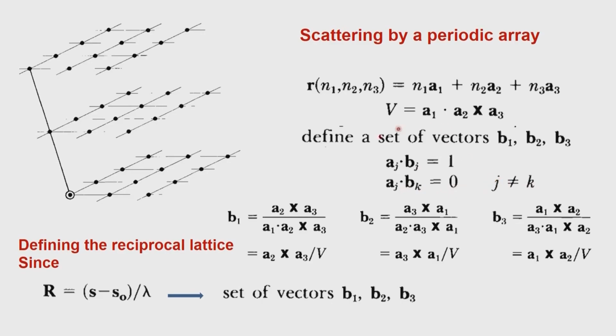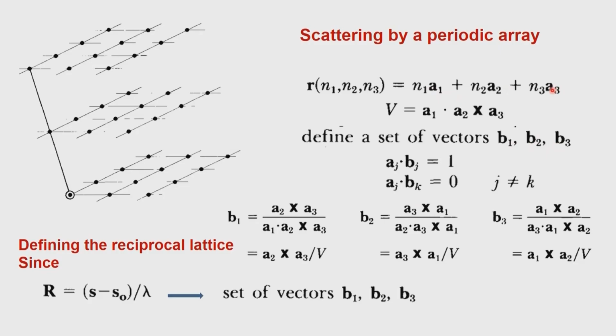So, that means when we have a1 dot b1, the value is equal to 1, a1 dot b2, the value goes to 0. Now, such a set of vectors, when we define using this expression, these vectors are said to be reciprocal of a1, a2, a3. Now, it becomes obvious to you why we are doing this.